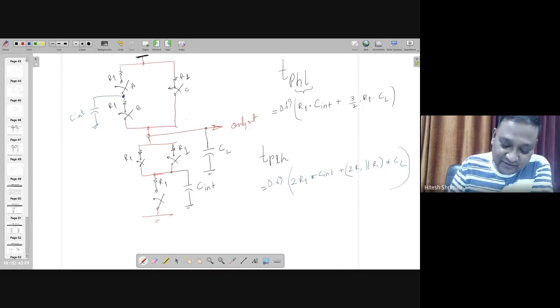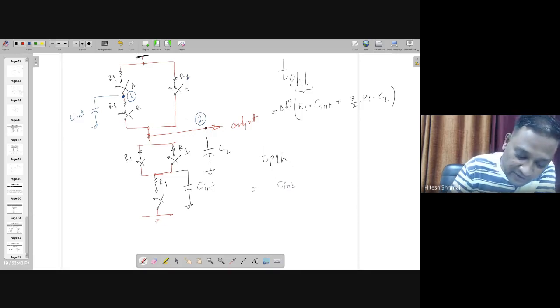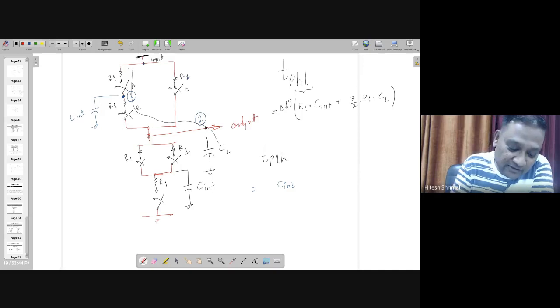Okay, so there are two nodes I can see, 1 and 2. At the first node, node 1, there is a capacitance C int. Going from here to here, as per the Elmore delay, this is the input to output path, and we are only till here, so input to node 1. Whatever resistance is coming on the same path, the subset of that resistance is kept over here. So in that case, it's only R1.